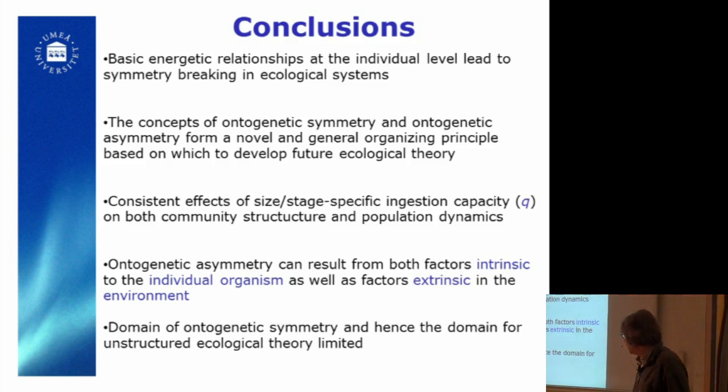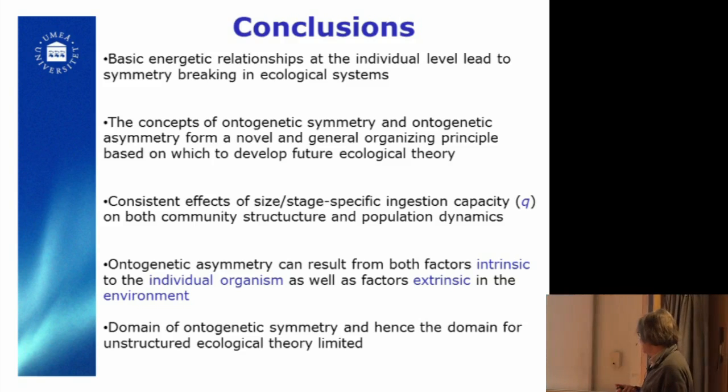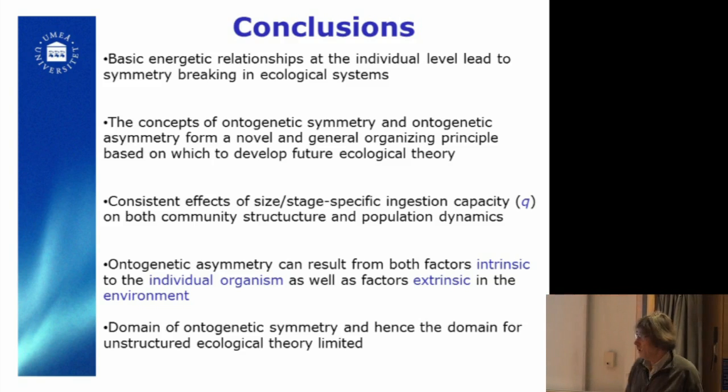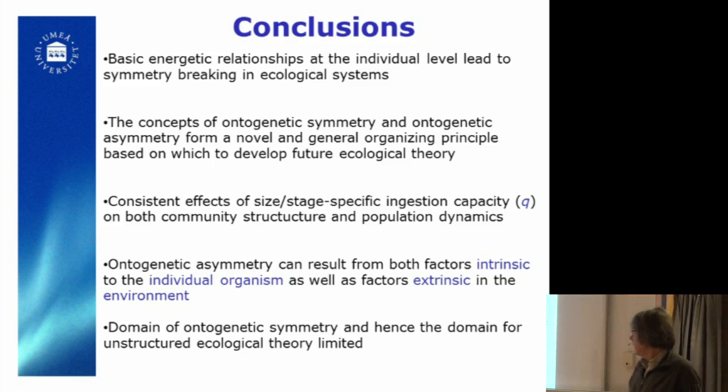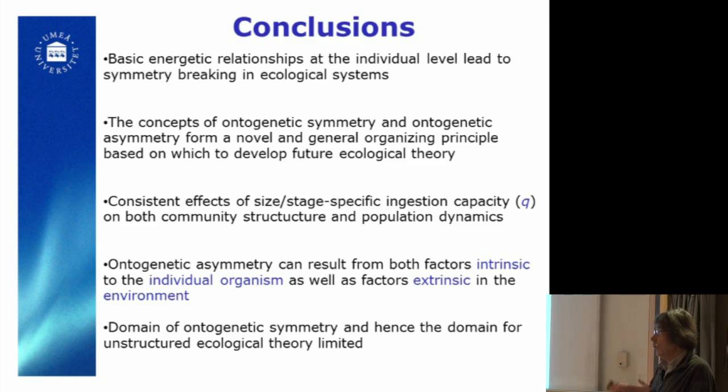So, conclusion: the domain of ontogenetic symmetry, hence the domain of unstructured ecological theory, is limited. And unstructured ecological theory can, as I've shown here, be shown strictly formally to be a limiting case of a more generic theory.